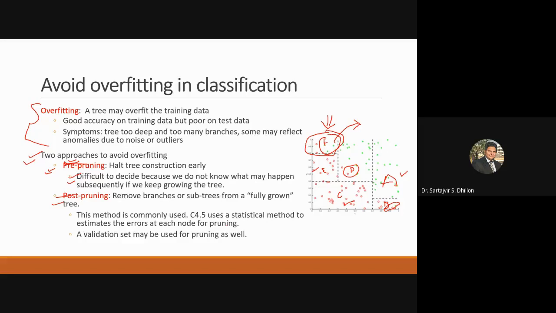But again, this is basically a statistical method to estimate the errors, and there is another equation which estimates the error at each node, and then you have to perform that step again.